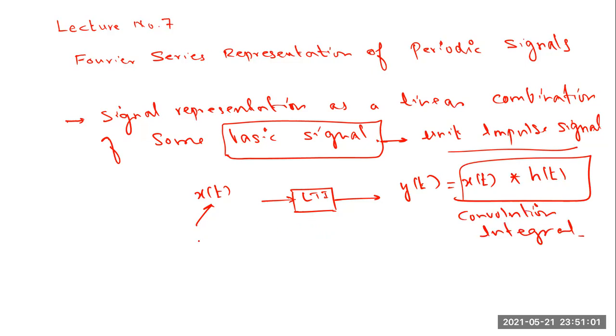So in this particular chapter, we are going to see that it is also possible to represent signal in terms of some other basic signals that we have covered in chapter number 1.